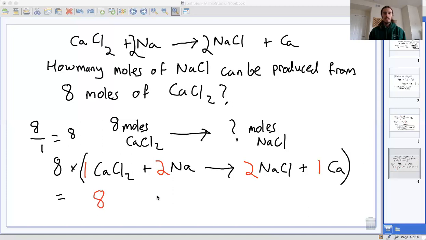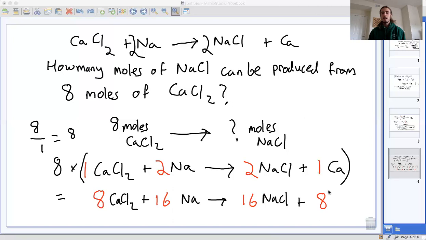So that means this becomes 8. This is 16, 8, right? So that means that if I had 8 CaCl2, I would need 16 sodiums, and I would make 16 NaCl's and 8 calciums, right?